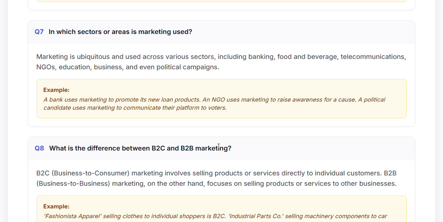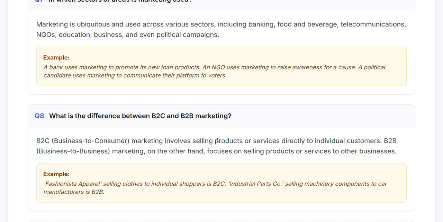For example, a bank uses marketing to promote its new loan product. An NGO uses marketing to raise awareness for a cause. A political candidate uses marketing to communicate their platform to voters.